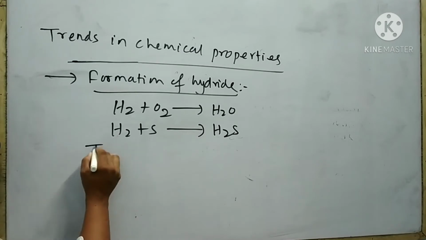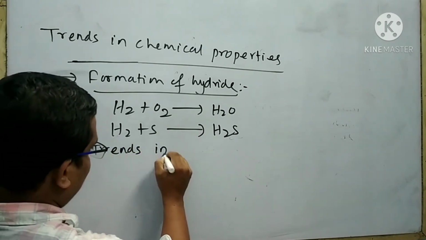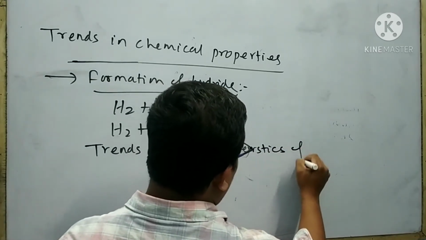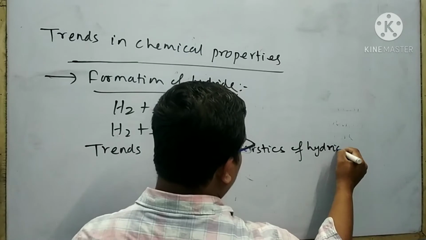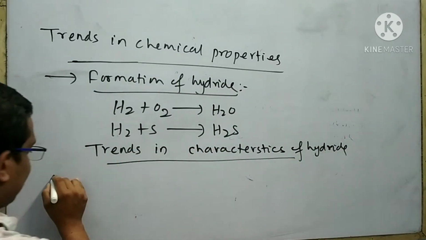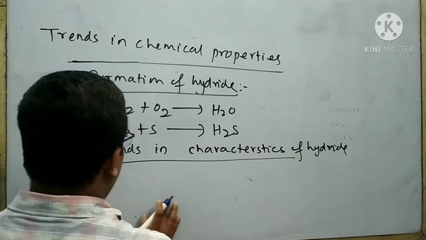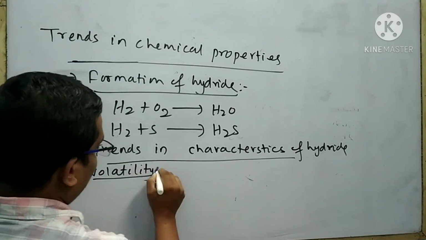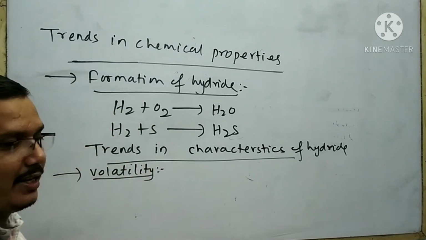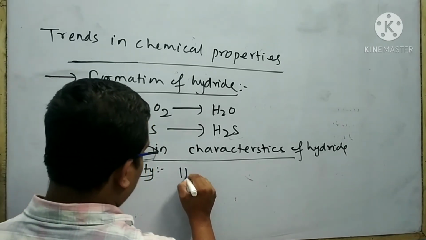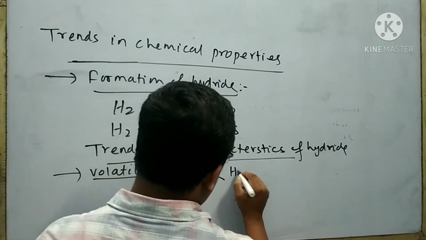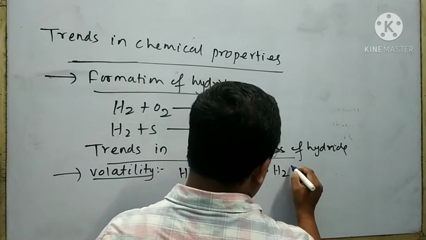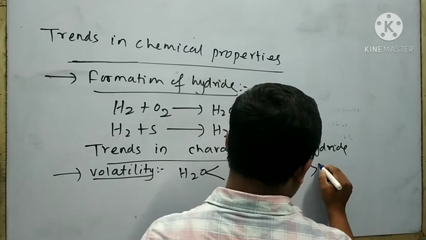Next I will discuss the trends in characteristics of hydrides. First characteristic of hydrides is volatility. The trend in volatility of hydrides is H2O smaller than H2S greater than H2Se greater than H2Te.